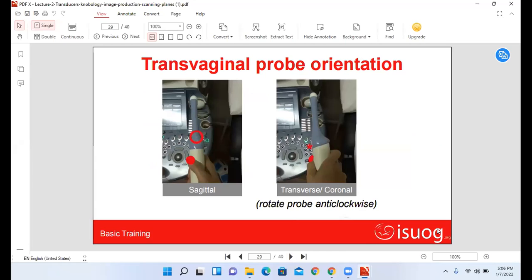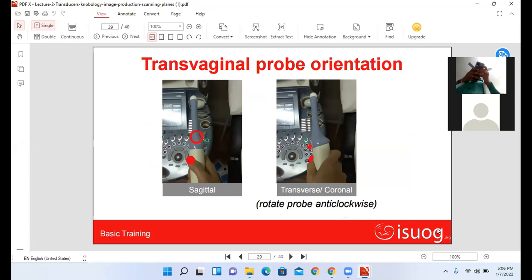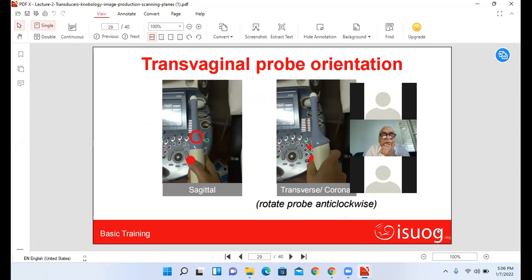In transvaginal, of course, this is very important because this sometimes confuses us, in the sense that the notch has to be always toward the ceiling. The notch should always be toward the up, and the rotation has to be anti-clockwise.